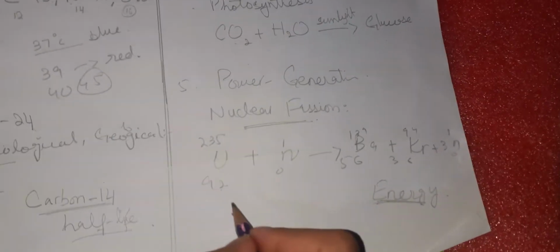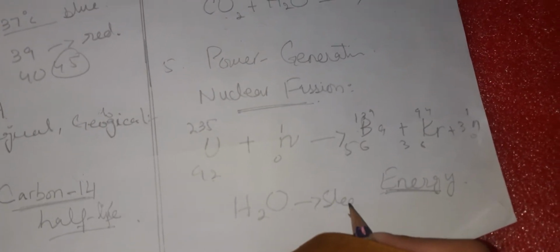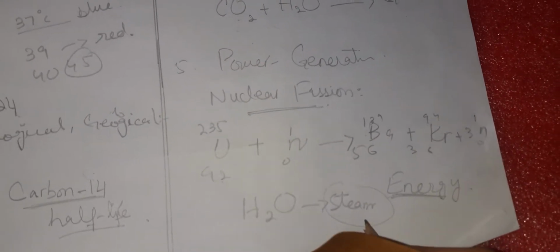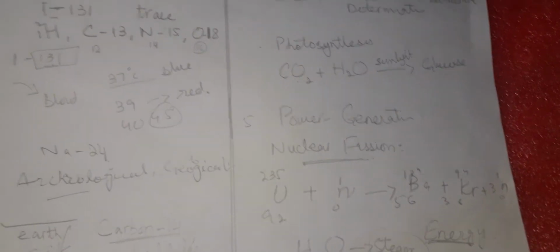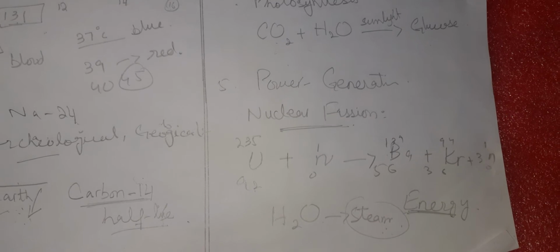This energy is then used to convert water into steam in boilers, right? And then that steam is used to run turbines. So that was your final application of isotopes.